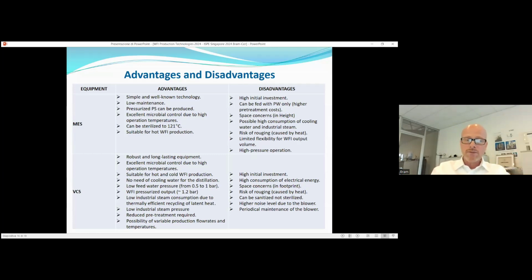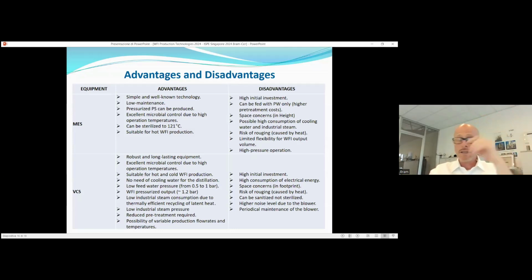Industrial steam consumption is typically quite low because of the various thermal exchanges that we have seen in the phases of the machine. The pressure of the industrial steam is low, 3 bars, so the boiler does not have to be extremely powerful or expensive.